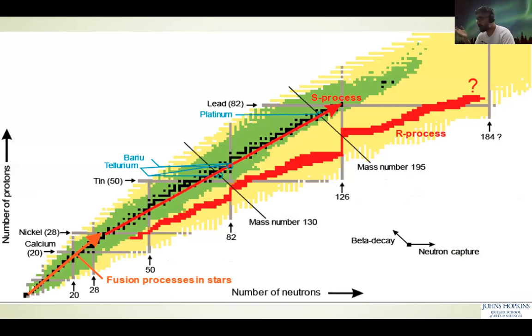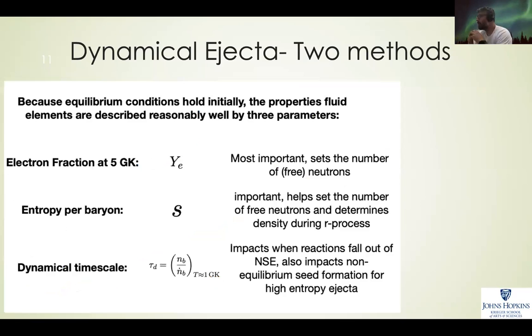Here is just a frame I took from Robert Roberts, showing all the r-process and s-process that could be produced by Skynet using also the NSE, where the temperature, I think, here was 10 gigakelvin.